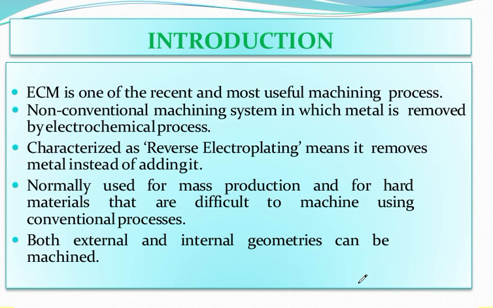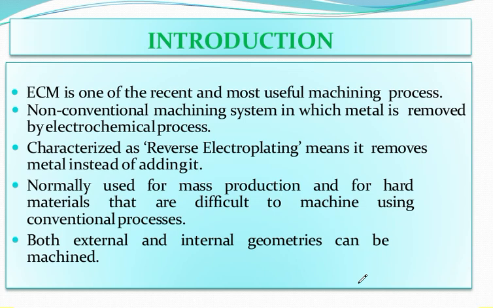In a metal, electricity is conducted by free electrons, but in an electrolyte, the conduction of electricity is achieved through the movement of ions. Thus, the flow of current through an electrolyte is always accompanied by the movement of matter.